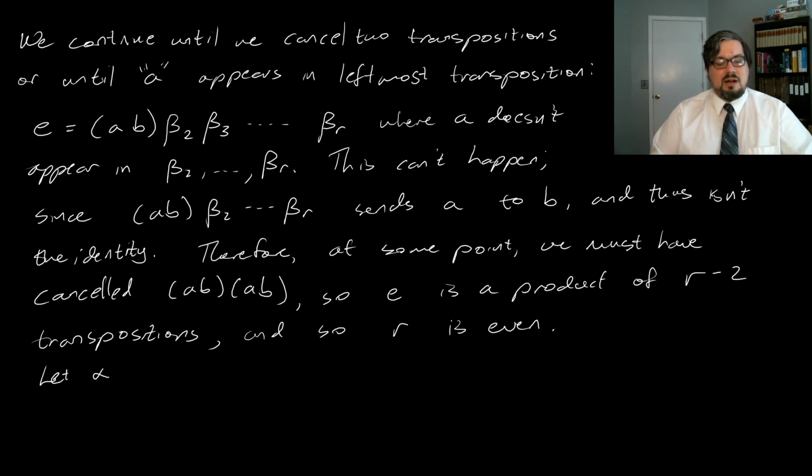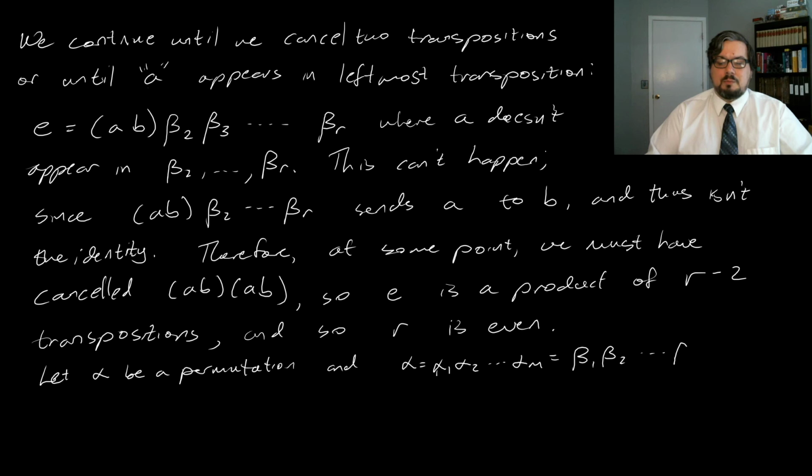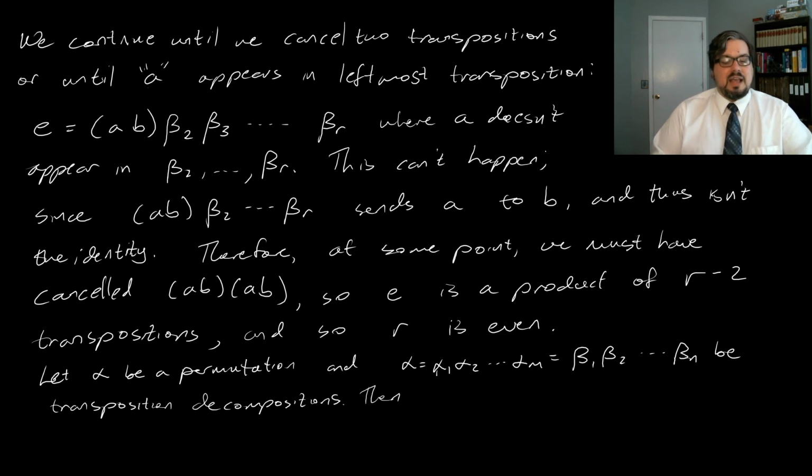So now let alpha be a permutation, and let alpha equals alpha 1, alpha 2, up through alpha m, and beta 1, beta 2, up through beta n be transposition decompositions. Then we have the following. The identity is equal to alpha times alpha inverse.